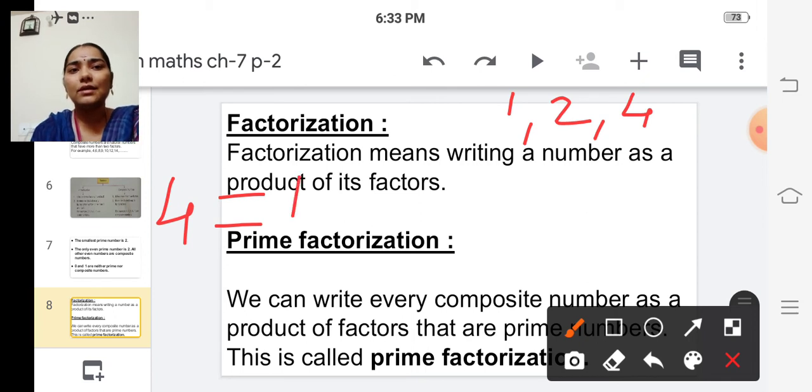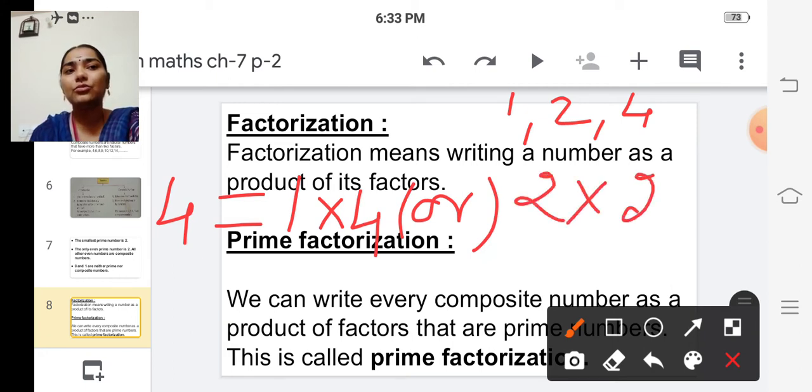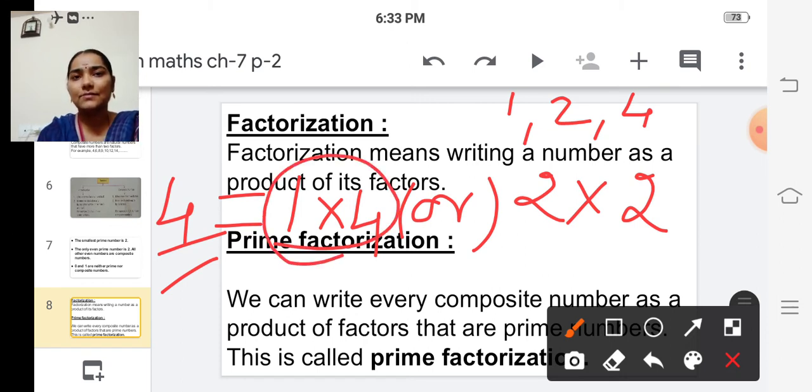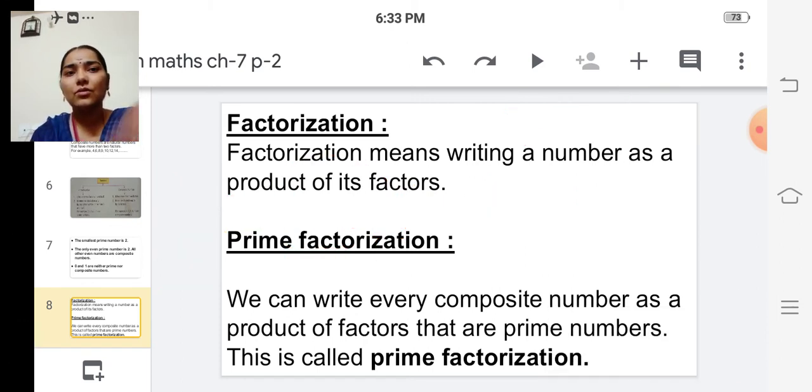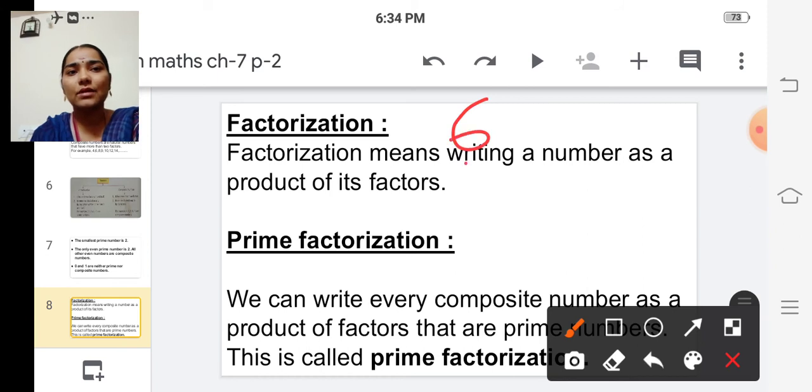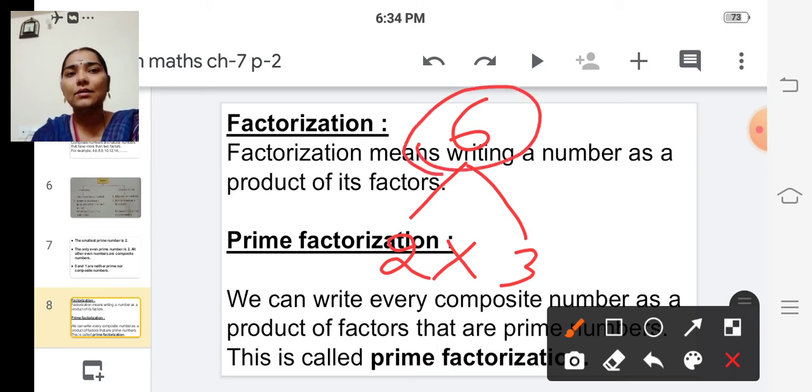So 4 can be written as 1 into 4 or 2 into 2, isn't it? So factorization means writing a number as a product of its factors. Similarly, 6 can be written as 2 threes are 6, isn't it?